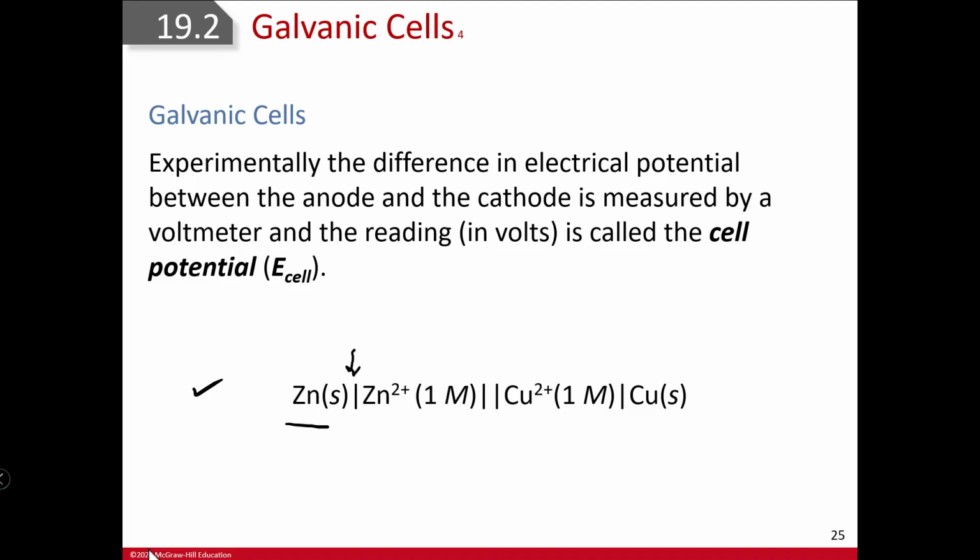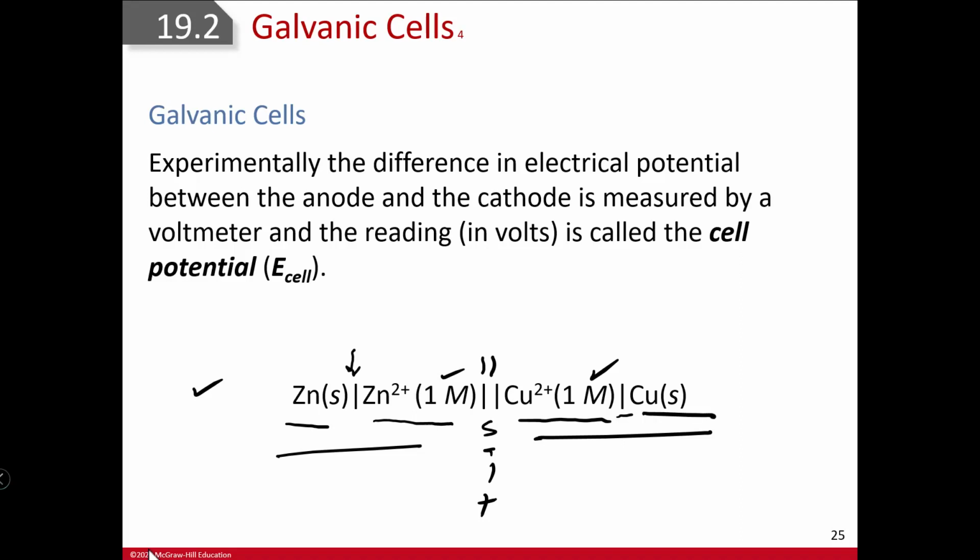And then you have the zinc ion solution, and you tell what the concentration of the zinc ion is in that solution. The double lines here represent the salt bridge. This is the salt bridge. That's telling people that this half cell is separated from this half cell. Then you have the solution in that half cell and its concentration. Then you have a boundary, and then you have what the electrode is made of.